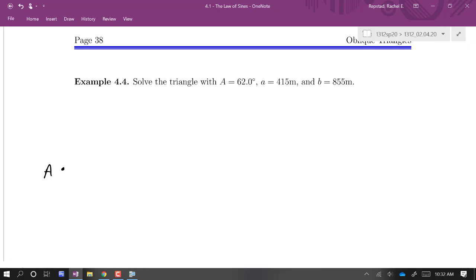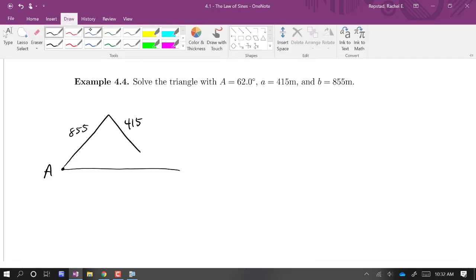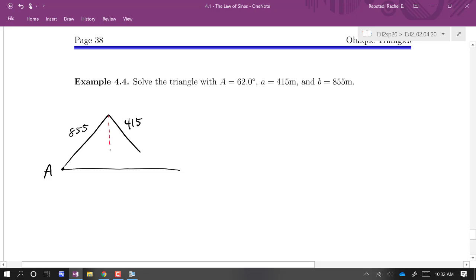So there's my fixed angle, 62 degrees. Side B is this side adjacent to the angle, 855. It's not how we have to draw it, but it's the way my brain works in these problems. And then side A is 415. So the first thing we have to do is figure out, can we make a triangle?